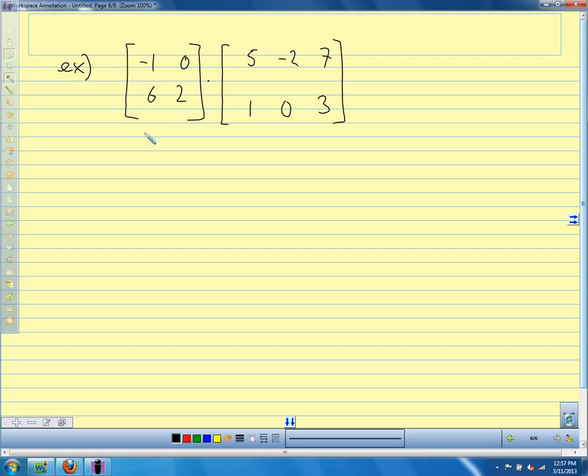So this is 2 by 2, and this is 2 by 3. So these are equal, so we can multiply. Our answer is going to be a 2 by 3 matrix.